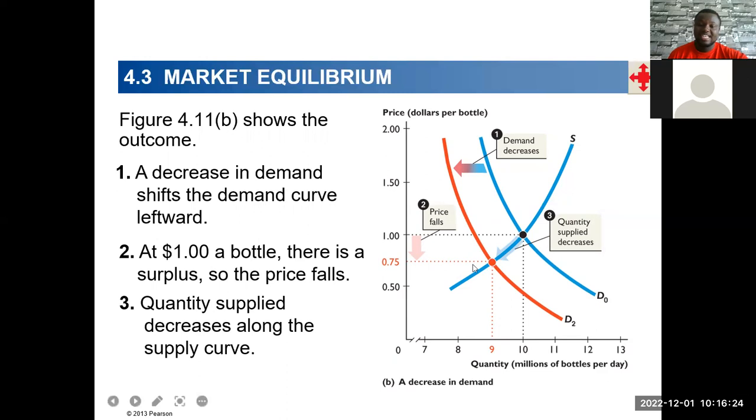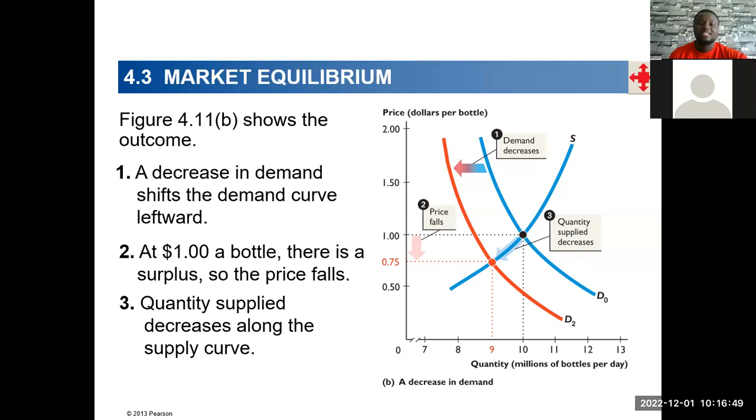So what we can see here is that whenever there's a change in demand, both the price and then the quantity will move in the same direction as the change in demand. So here, because of a decrease in demand, there's a decrease in price, there's a decrease in quantity. And then when there was an increase in demand, there was an increase in price, there was an increase in what?